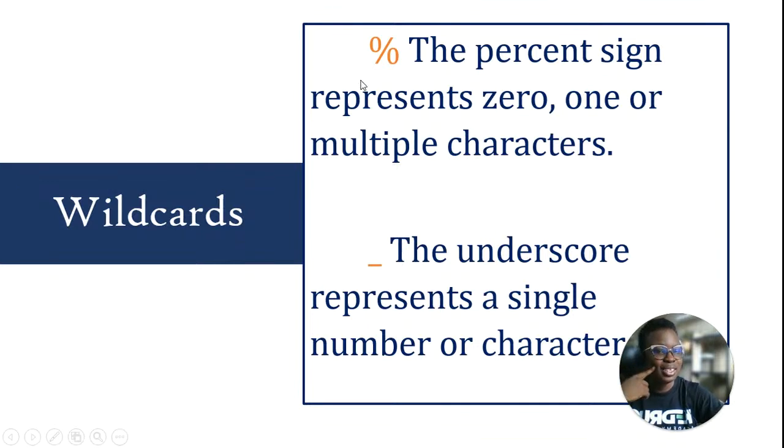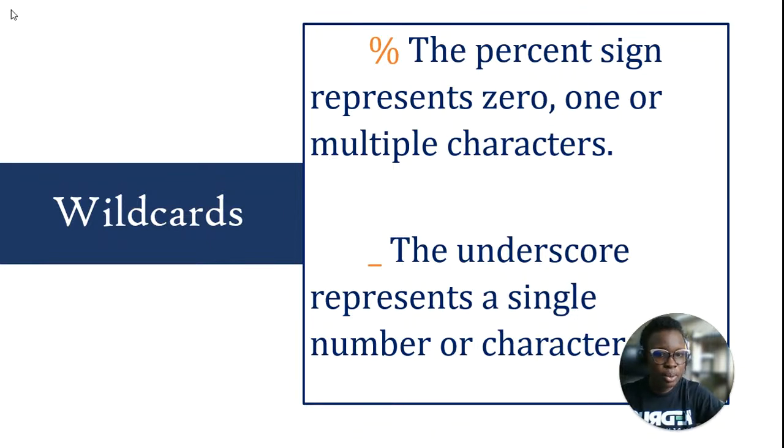The first one is the percent sign. The percent sign, when used with the like operator, represents 0, 1, or multiple characters, depending on the position it is used. I'll talk about that later and show you examples.